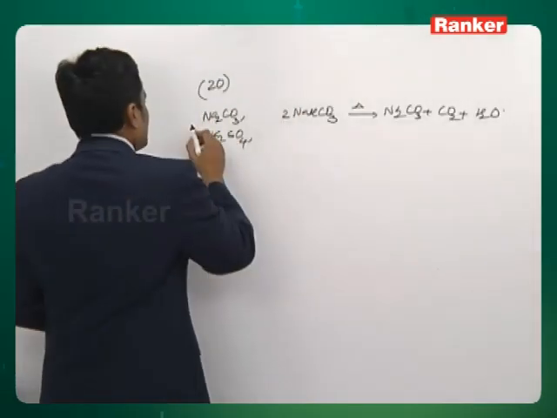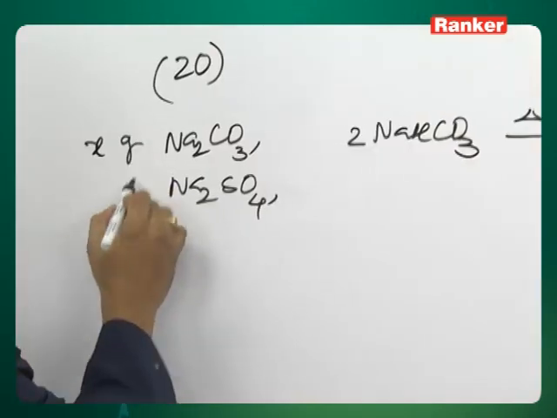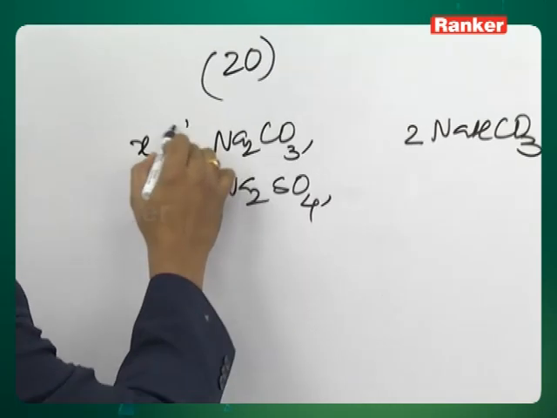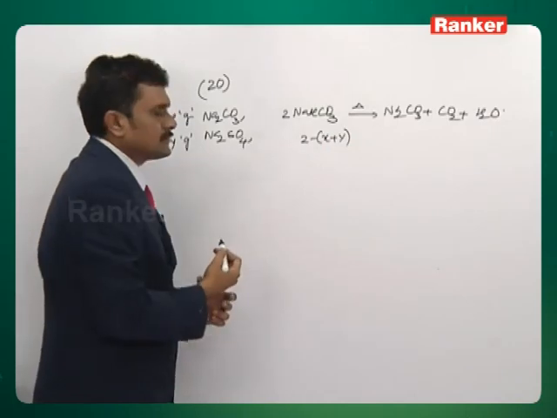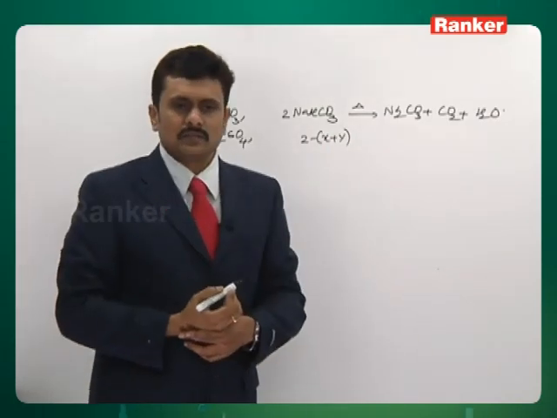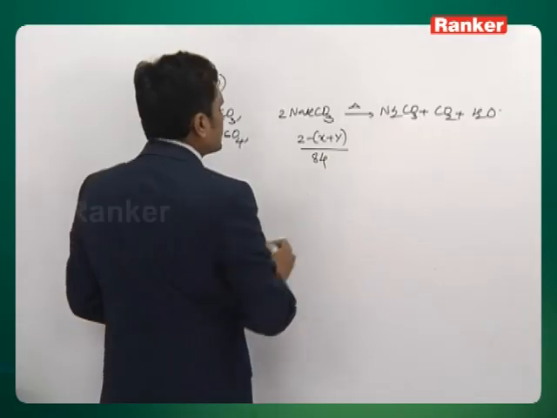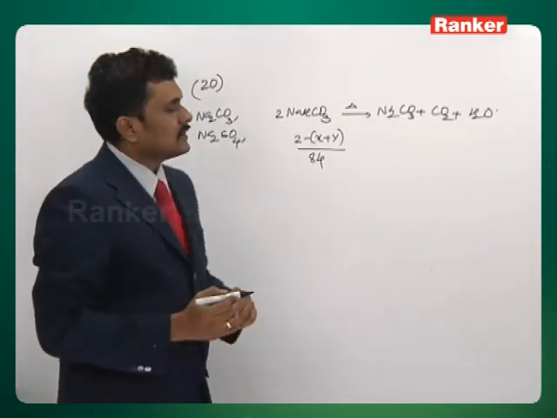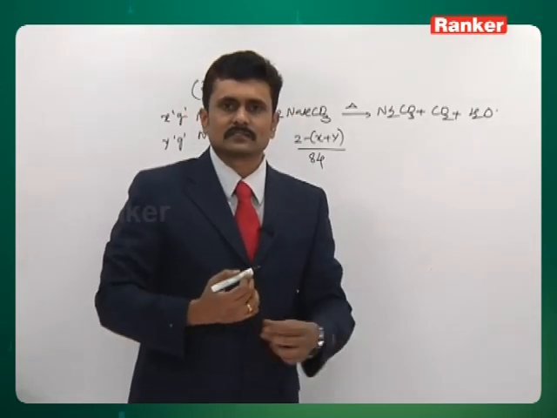Now in this, the total weight of the sample is 2 gram. Here if I assume this as x gram, this is y gram, then this will be 2 minus of x plus y gram. And when I divide this with the molecular weight of the substance, I will be getting the gram moles. Because this is a simple gravimetric question, I can use the mole concept because I can easily balance this expression.